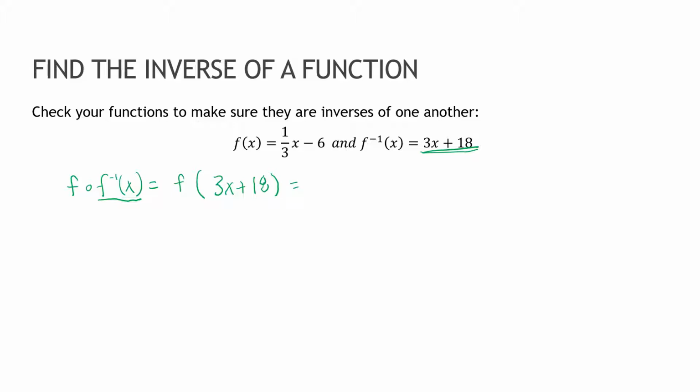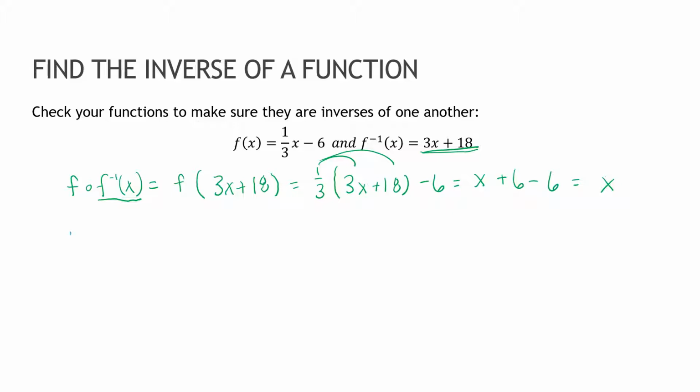And then I'm going to take f of that, meaning I'm going to take 1/3, and instead of x, 3x plus 18 minus 6. 1/3 of 3x is just 1x. 1/3 of 18 is 6. And then I see that I do in fact end up with x.